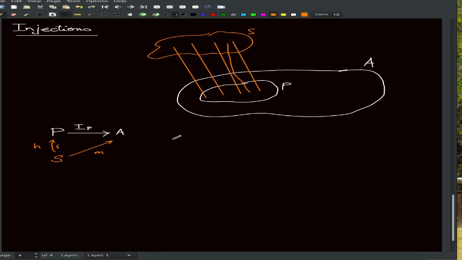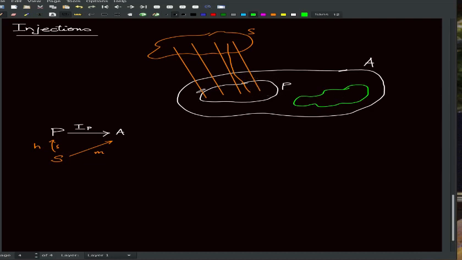Now, who told me that this is the only thing? Well, I could have another set over here in bijective correspondence with this.